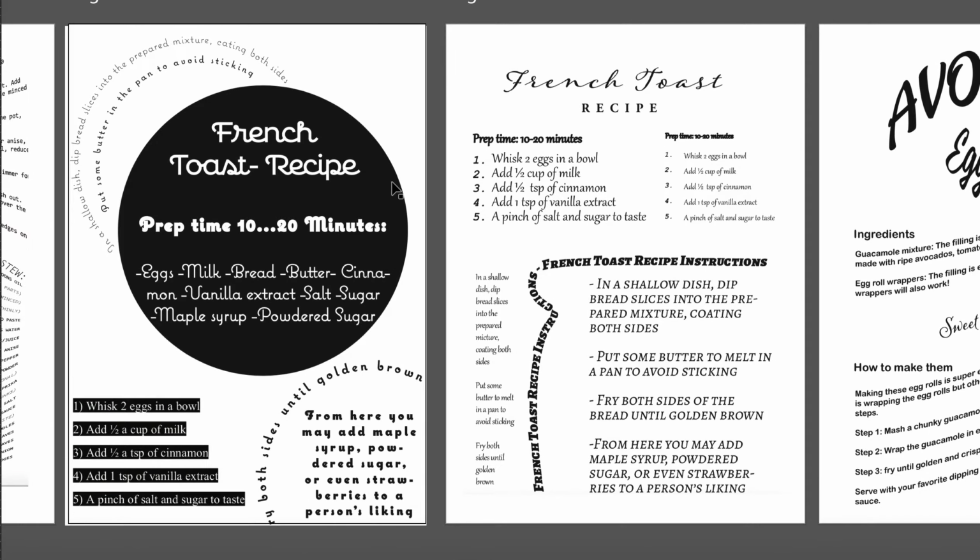But remember, we're not using any shape at all. The shapes that you're going to be using are going to be done with type like you have here. So I would use this circular type treatment for this area right here. Just make sure you're not using any visual aids such as shapes or guides or lines or illustrations of any sort. All right.